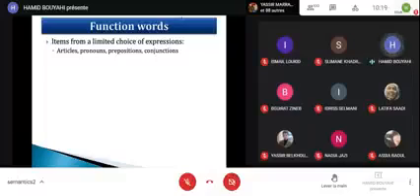So you know that the number of verbs cannot really be limited. But when you talk about pronouns, there is a very short list of pronouns that we have, and a very short list of articles and prepositions. So it is a limited choice of expressions. Okay, so that's the difference between what we have said before and what we have now.